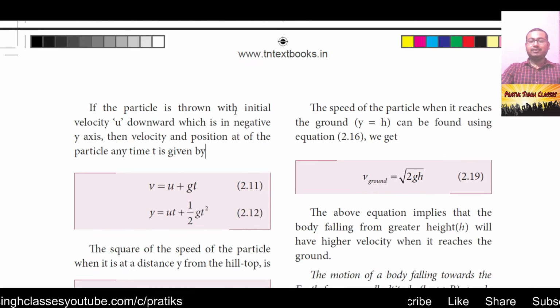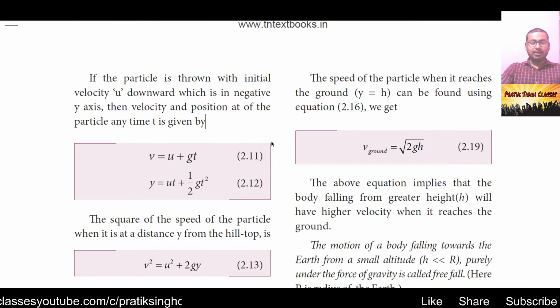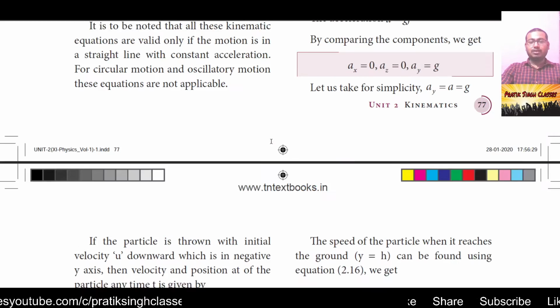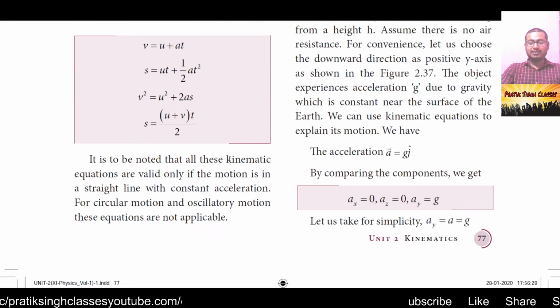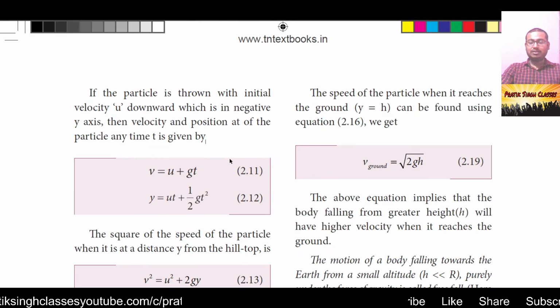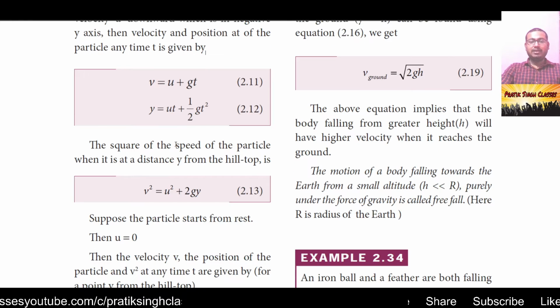When the ball moves downward from the boy's hand, that is in the positive y-axis direction, because here the y-axis is taken as vertically downward, we will have v equal to u plus gt, where v is the final velocity, u is the initial velocity, g is acceleration due to gravity, and t is time.